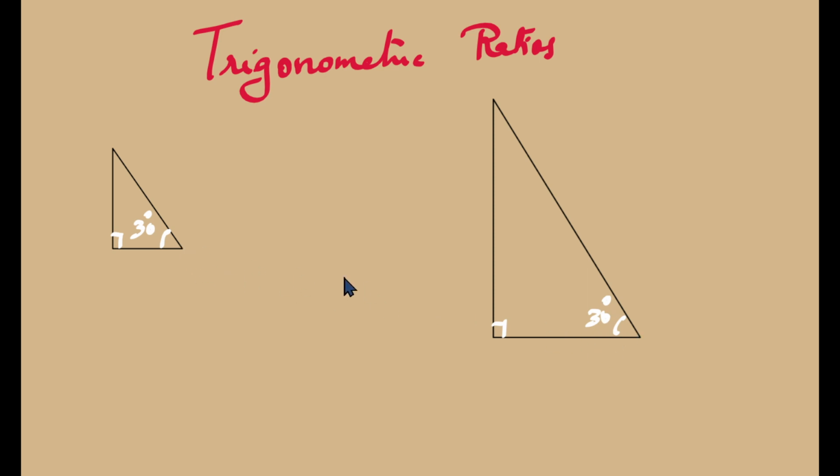So these two triangles are similar, meaning two corresponding angles are equal. So what we have seen so far is that the trigonometric ratios of this 30-degree angle are the same for both the triangles. That is, sine 30 degrees for the small triangle is the length of the opposite by the length of the hypotenuse of the small triangle.